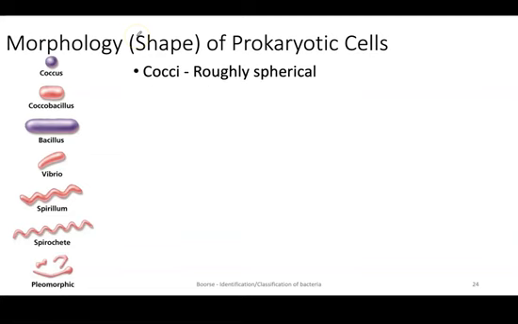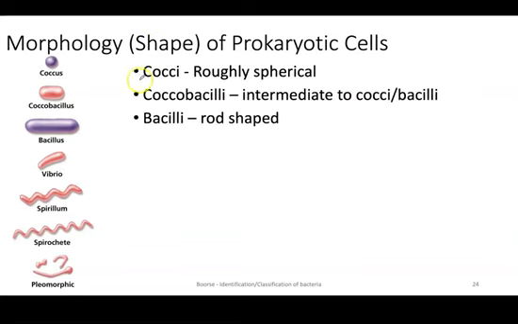The two most common names we're going to use: if something looks pretty much spherical, we're going to call it cocci in shape, or you can use the word coccus. The only difference between these, obviously they're spelled differently, but they mean the same thing, roughly spherical, is singular versus plural. It's like octopus and octopi.